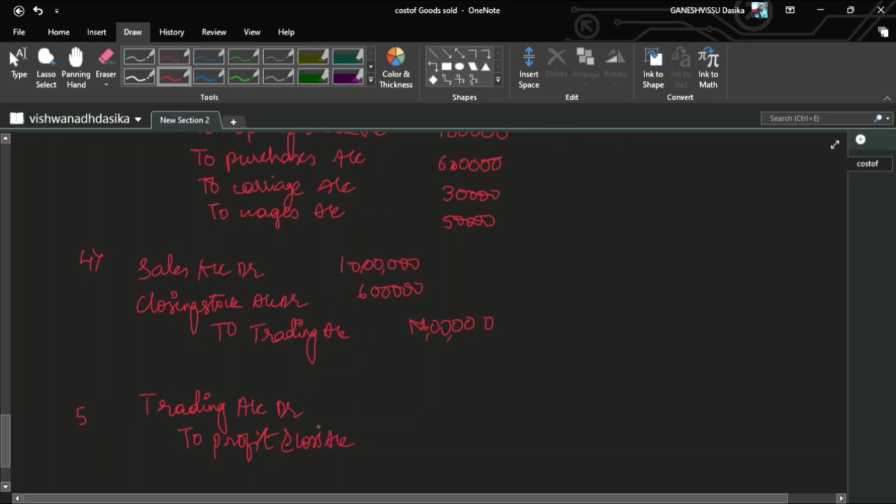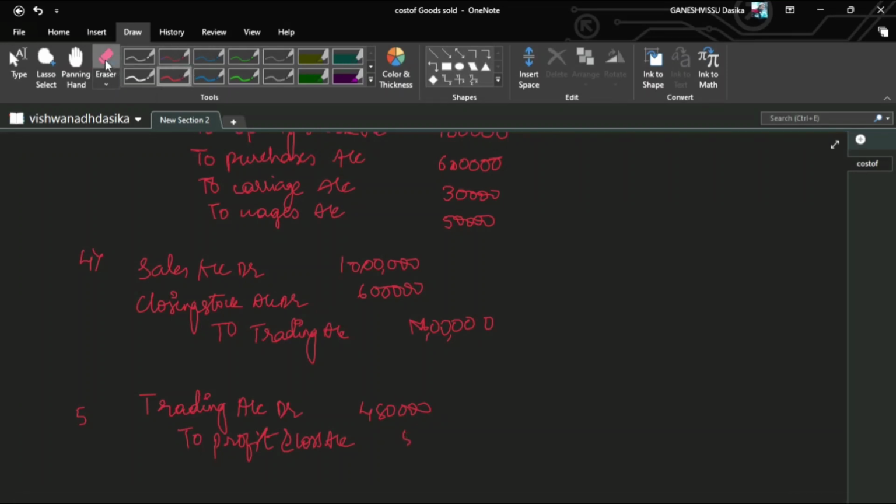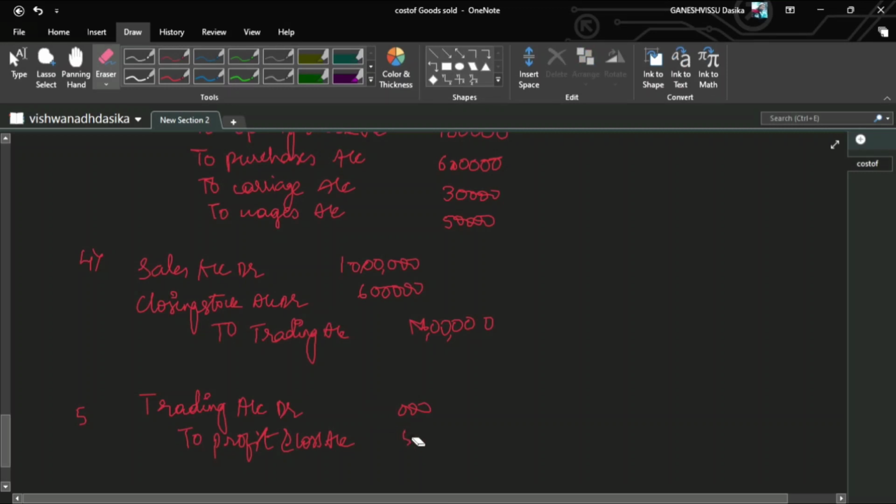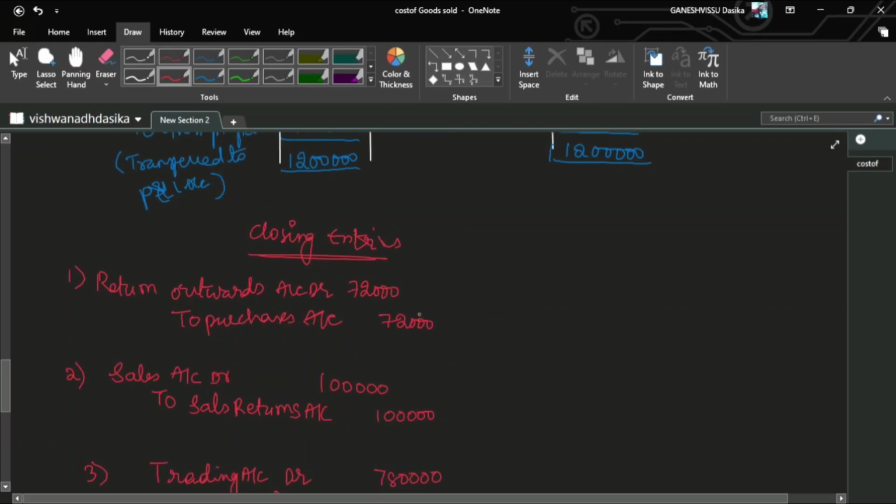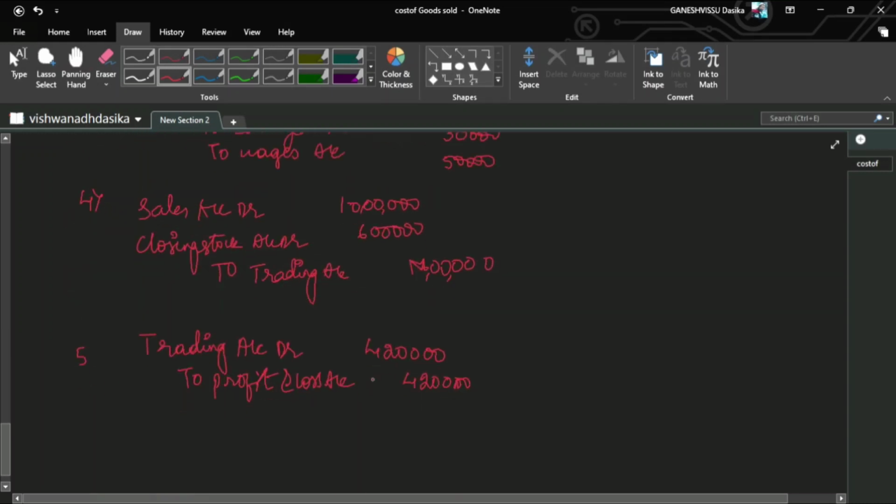The gross profit is transferred here, which would be what? 4 lakhs 80 actually. Sorry, 4 lakhs 20 I suppose. Okay, these are the closing entries.